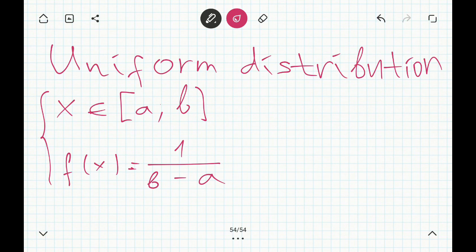You have same density for each outcome for uniform distribution. So the distribution of the outcomes of a dice roll is a discrete version of a uniform distribution.